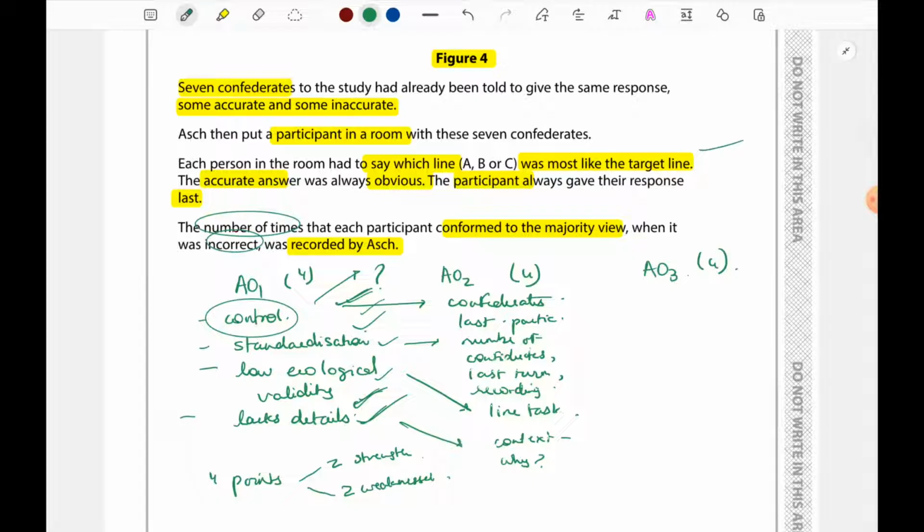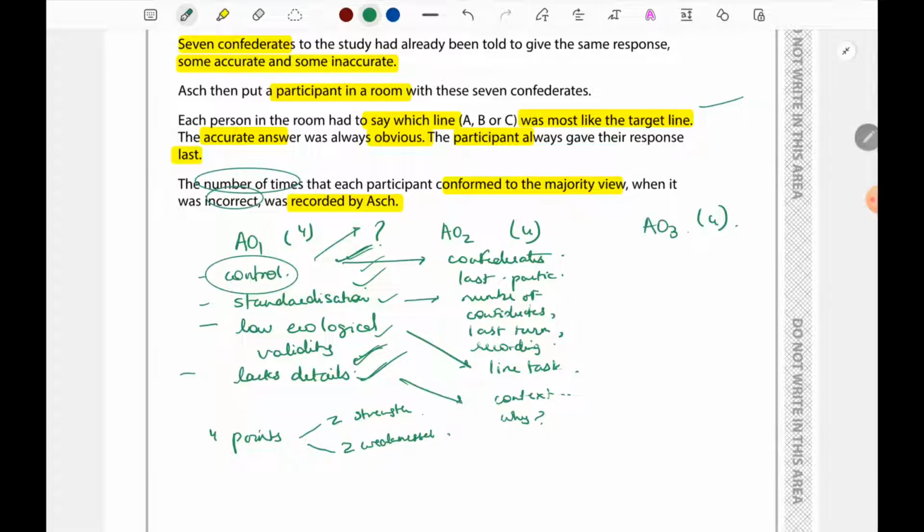Now coming to AO3. Again, for each of these objectives, maintain that rule of 4 points. And it's not difficult. Once your AO1 has become about 4 points, very naturally AO2 and AO3 will also have 4 points because we're just going by the flow, or the correspondence which should be there.